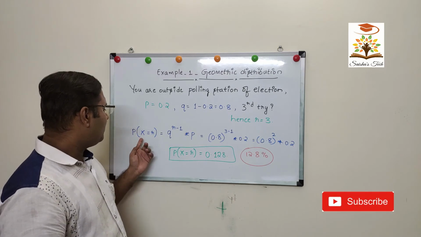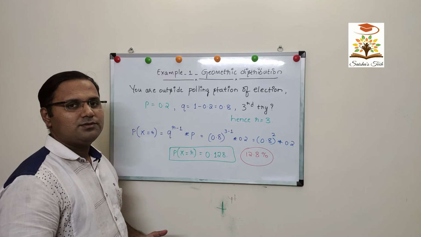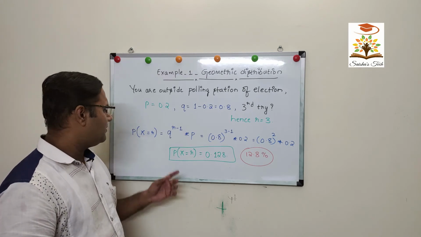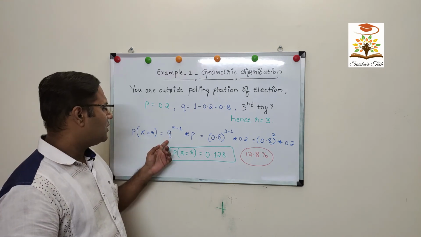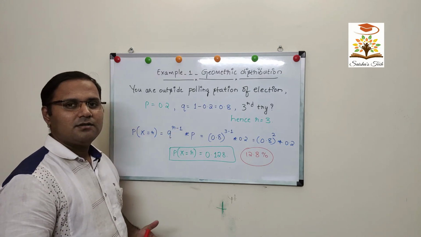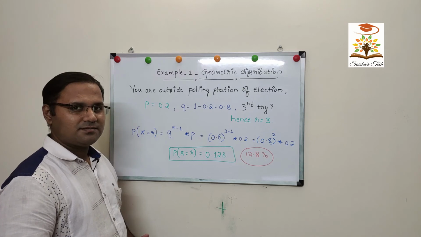As the number of attempts is equal to the number of trials, the formula which we would use to calculate the probability of geometric distribution would be q raised to r minus 1 into p, where q represents the probability of failure, r minus 1 is the number of trials before success, and p is the probability of success.